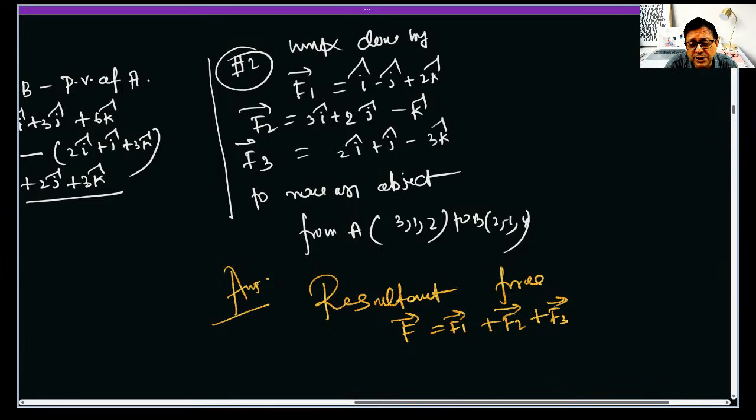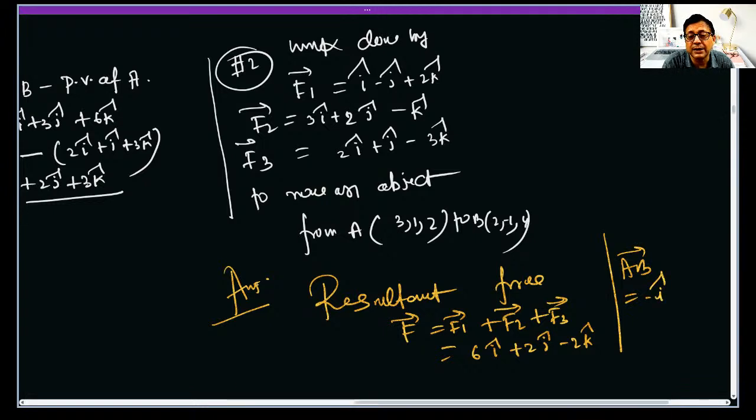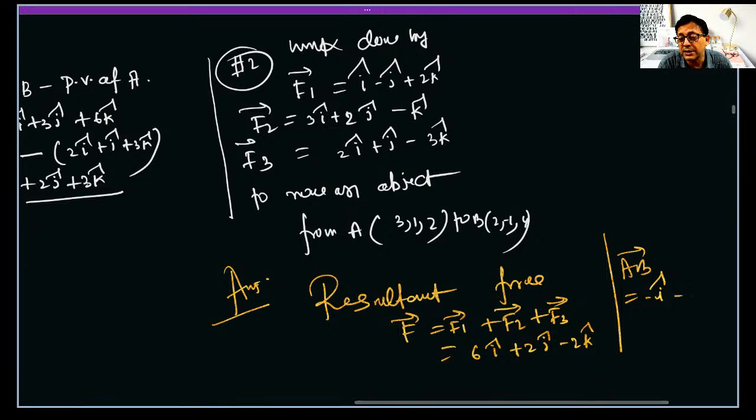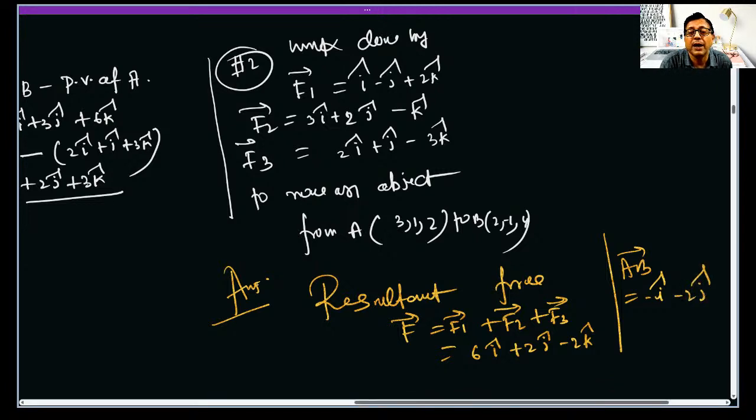The resultant force in this case, if you add, is 6i plus 2j minus 2k, and write the displacement vector. This minus this, that is minus i, this minus this is minus 2j, and this minus this plus 2k.